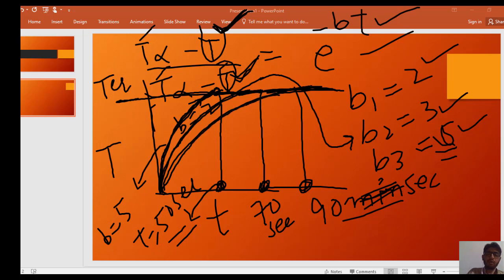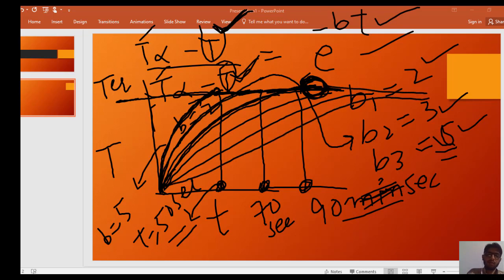When we decrease the value of B, the equilibrium temperature is achieved after many hours, after a long time. So this is the lump system analysis, and these graphs are also called the temperature decay. So this was all about the lump system analysis.